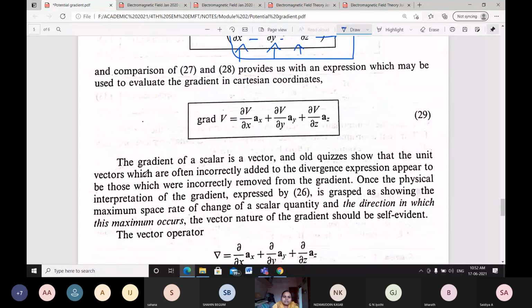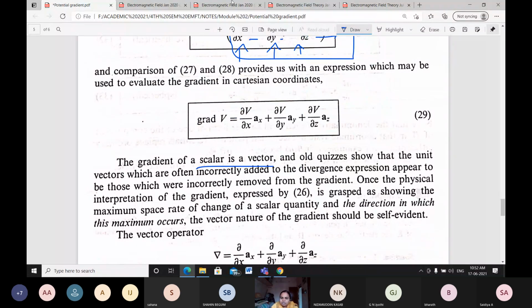Therefore, the gradient of a scalar is a vector. Observe here, V is a scalar quantity, but if I apply a gradient, it converts to a vector.